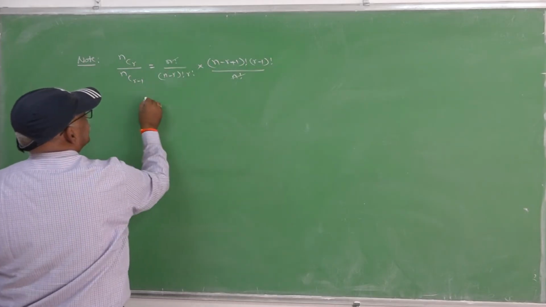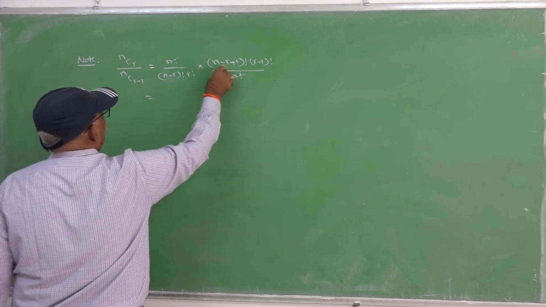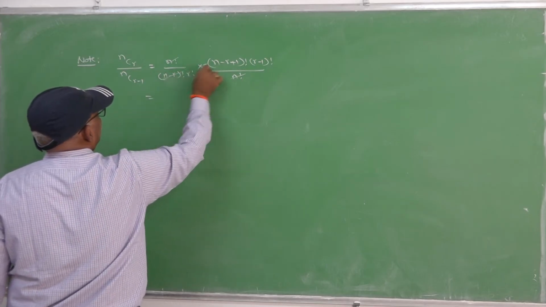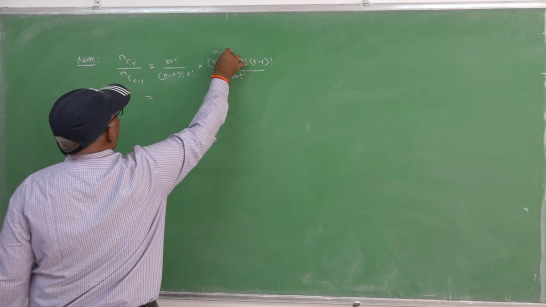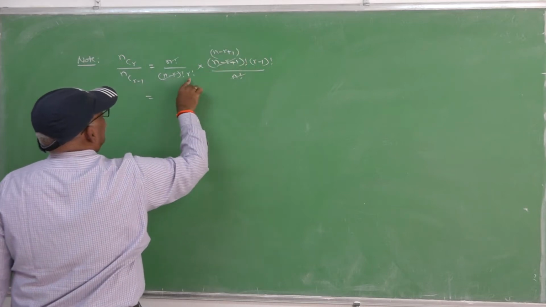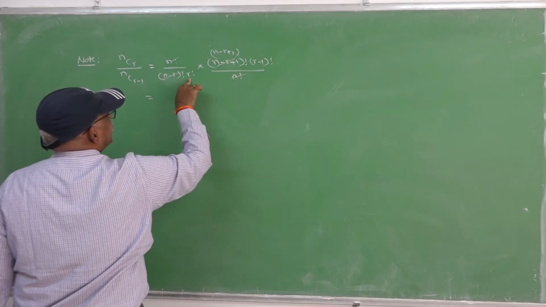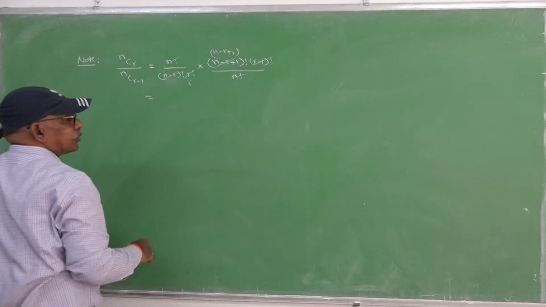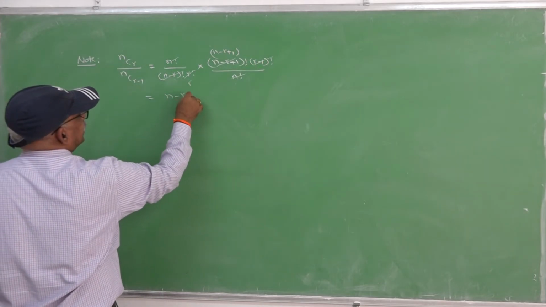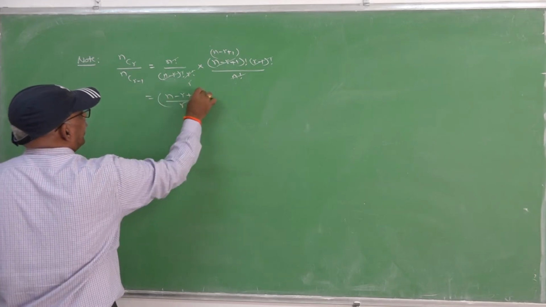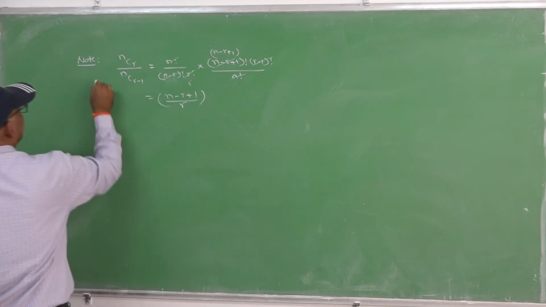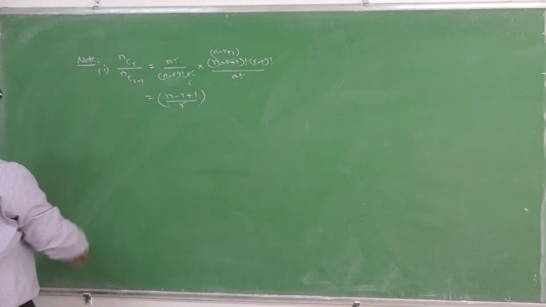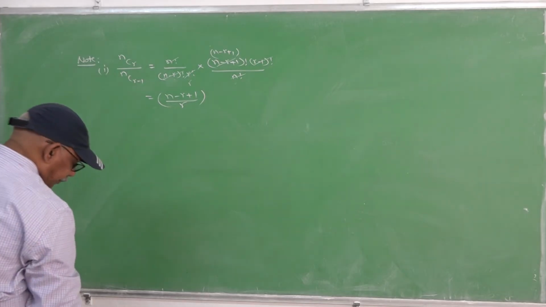Now you can remove up to (n minus r) factorial here. So we get n minus r plus 1. You can remove (r minus 1) factorial, here r. So the value is (n minus r plus 1) by r itself. This is one important relation.